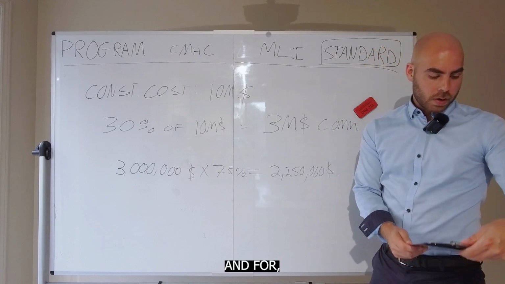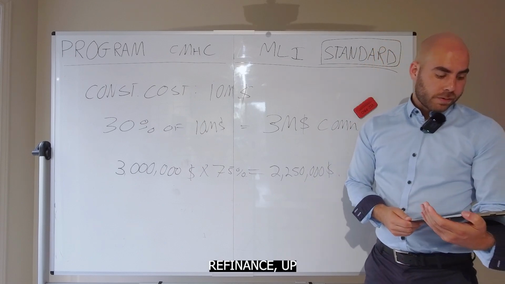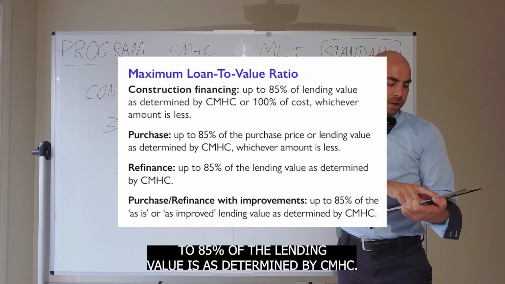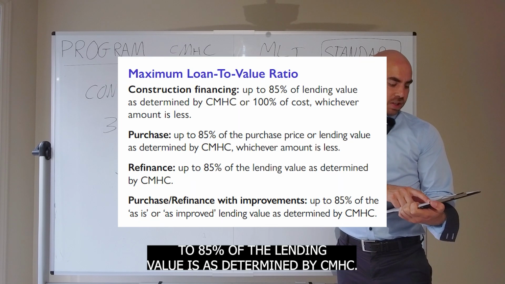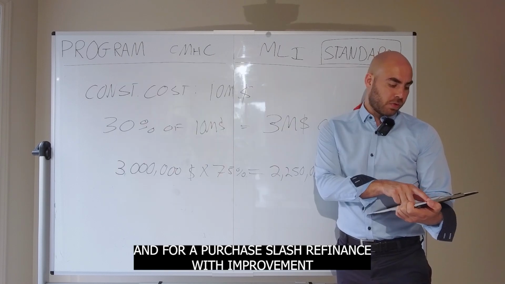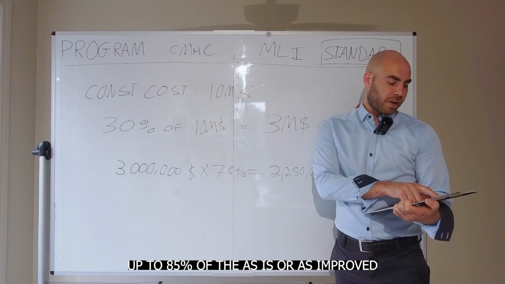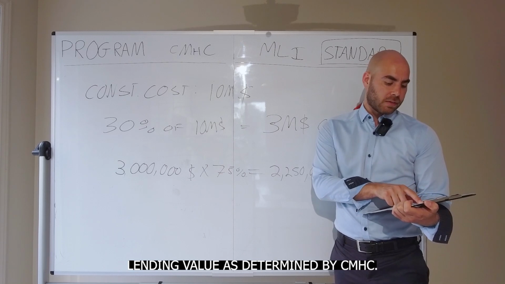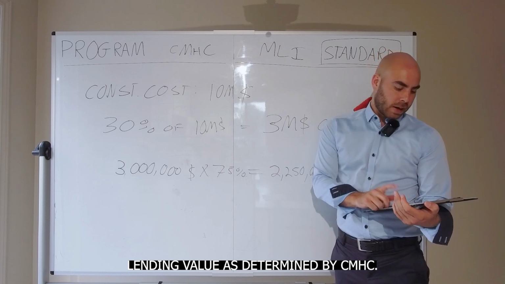And for refinance, up to 85% of the lending value as determined by CMHC. And for purchase/refinance with improvement, up to 85% of the as-is or as-improved lending value as determined by CMHC.